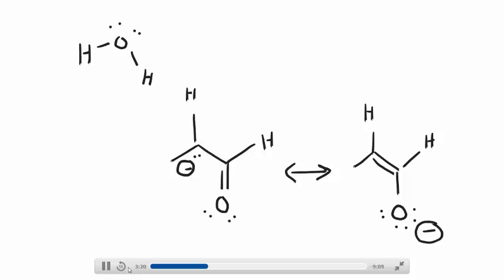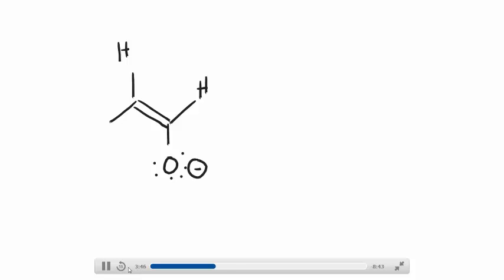Both of these resonance structures, everybody's got an octet. There's always a negative charge, but oxygen is the more electronegative atom. So when the negative charge is on the oxygen, that is the predominant resonance structure. Well, at this point you would have two different bases in solution. You have the enolate, and again I'm going to draw that in the two different forms. This is again the predominant resonance structure.